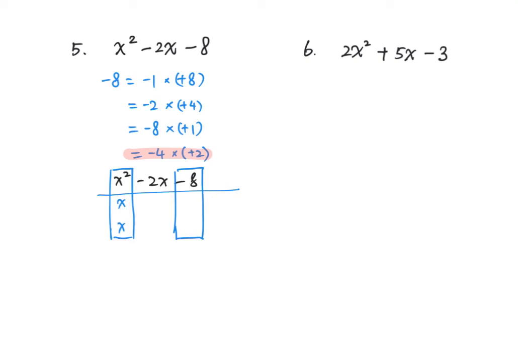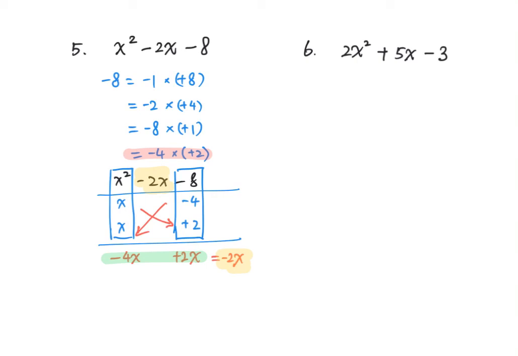So negative 8 can be factorized as negative 4 times positive 2. Negative 4 times x is equal to negative 4x, and x times positive 2 is equal to positive 2x. Then we add them up: negative 4x plus 2x is equal to negative 2x. As you can see, the result is exactly the same as our middle term.